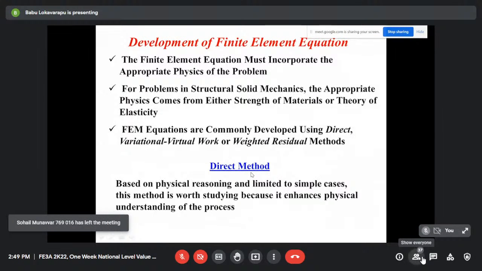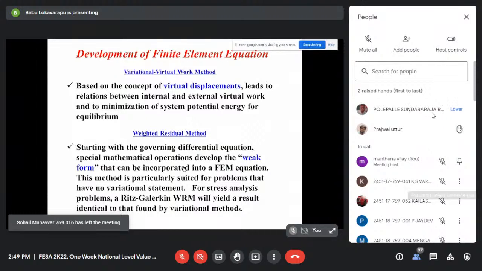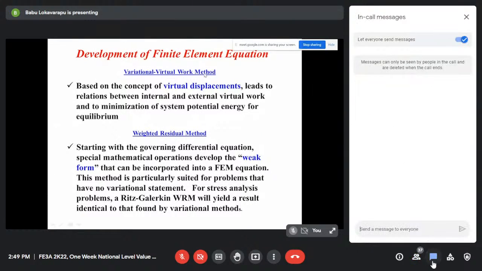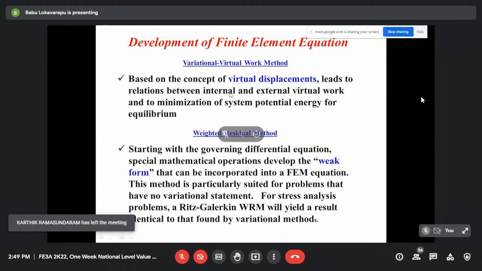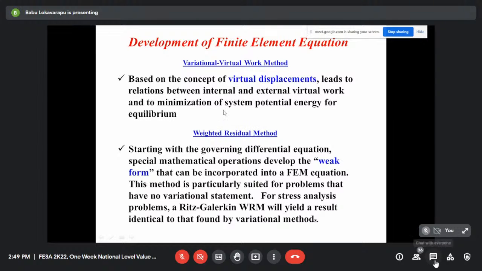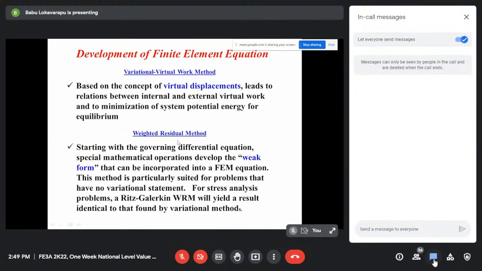But for complex problems, you can use the variational virtual work method, wherein it is based on the concept of virtual displacements. It leads to a relation between internal and external virtual work. That is, the sum of internal work and external work should be equal to 0, and to minimize the system potential energy for equilibrium. Or you can use the weighted residual method.